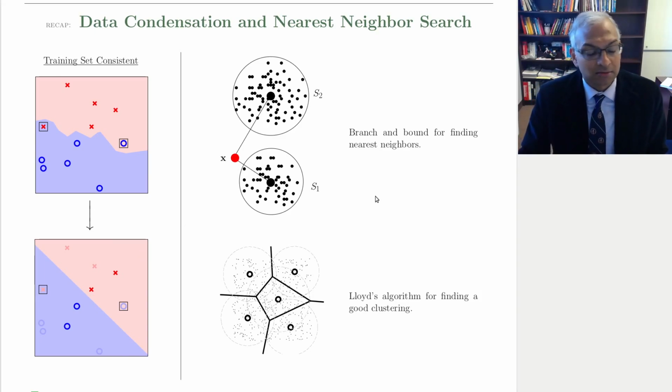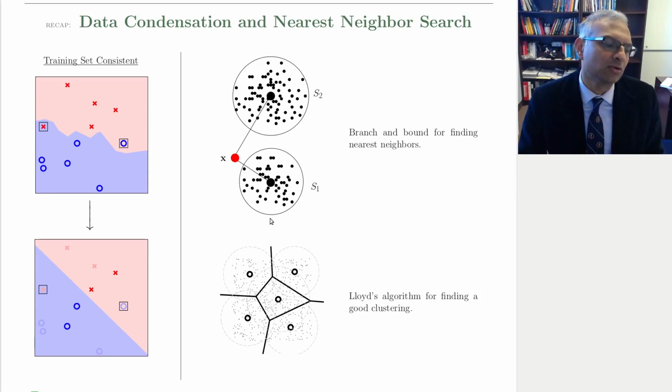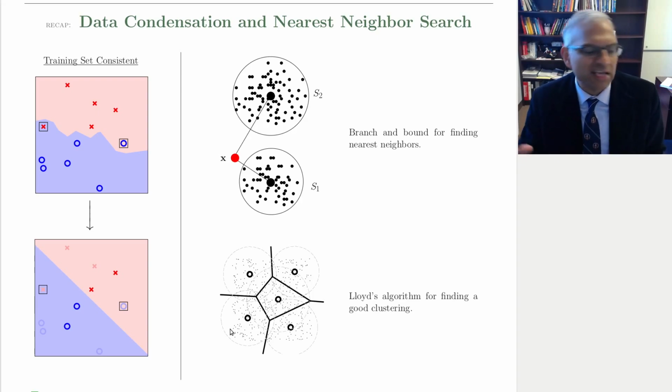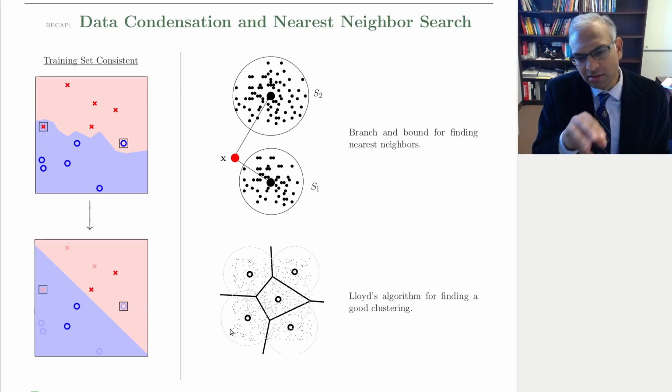Okay, and we addressed a little bit the task of how you find those tight, well-separated clusters, even if the data can be clustered that way. And we discussed Lloyd's algorithm, which basically attempts to find cluster centers that are as far apart as possible, and then assigns points to each of those cluster centers.